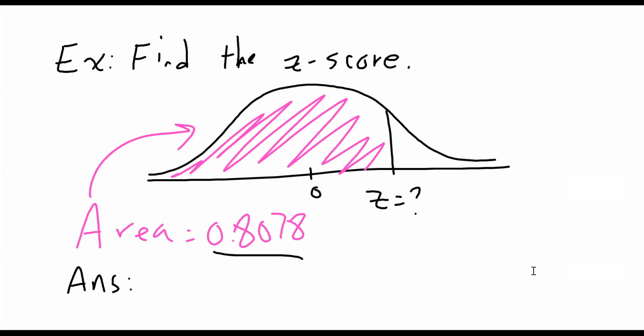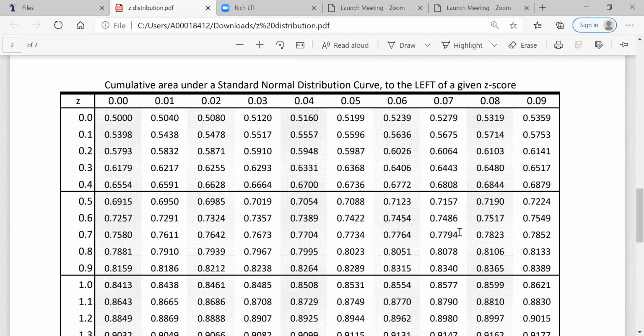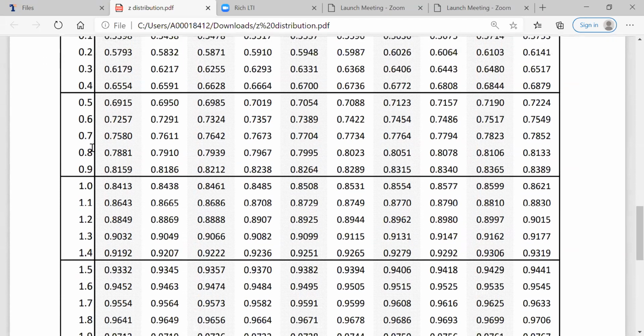All right, so going down, we're looking for 8078. There's a guy we had before, don't need him. I would go down the first column until you find a reasonable row to look across. So 8078 is probably going to be somewhere in these two columns, if it's in there at all. And there it is, 8078. So what is that Z-score?